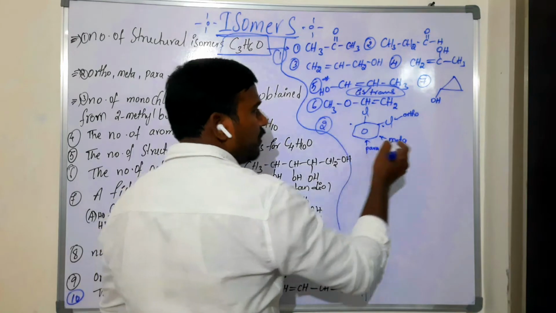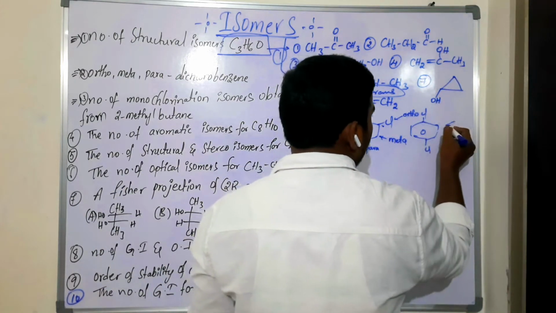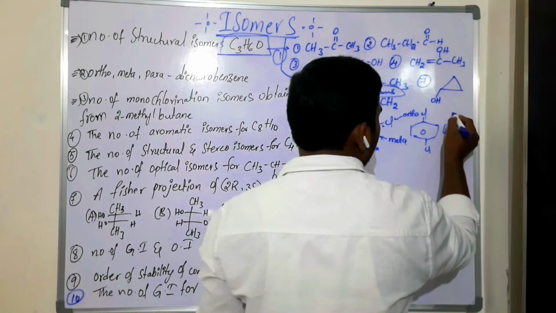Now it is ortho-dichlorobenzene, para-dichlorobenzene, and meta-dichlorobenzene also.